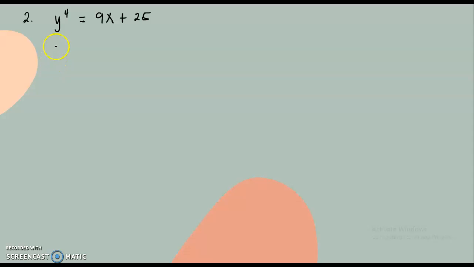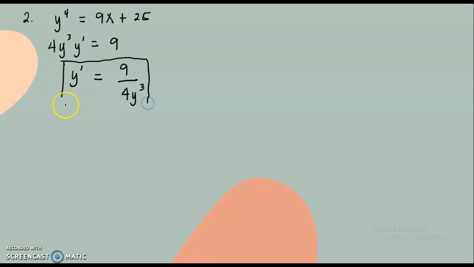Okay, we have 4y cubed y prime equal to 9. Therefore, y prime is equal to 9 over 4y cubed. Okay, therefore, this one is the final answer.